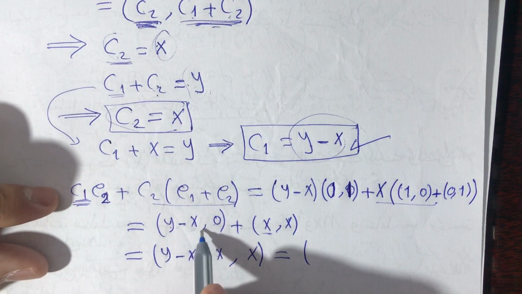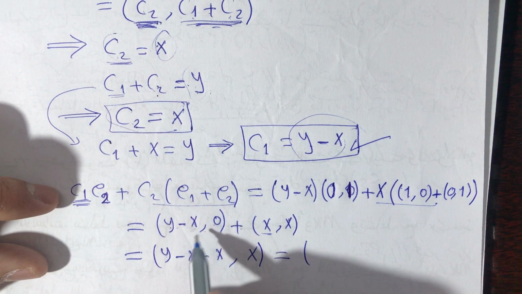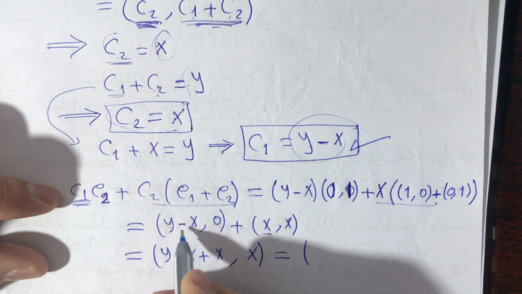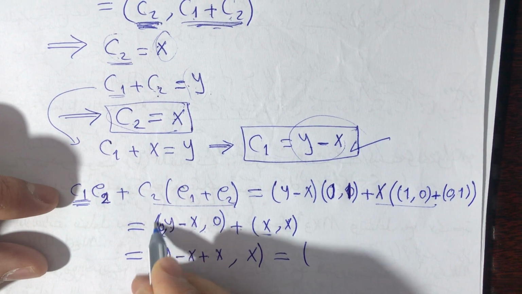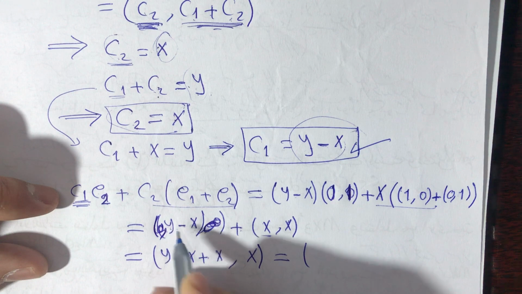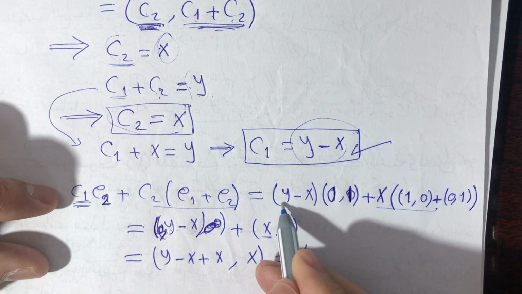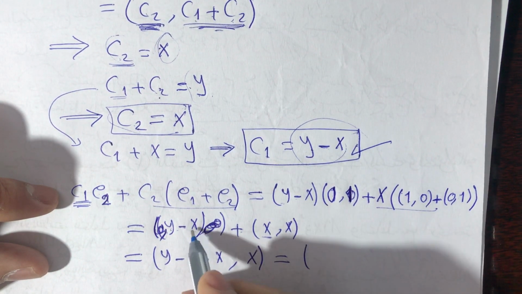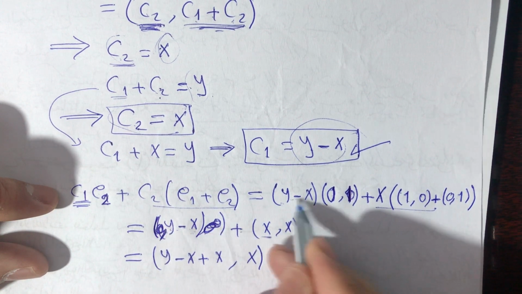Here this is wrong, this will be 0, 0, because move here y minus x, and here 0.